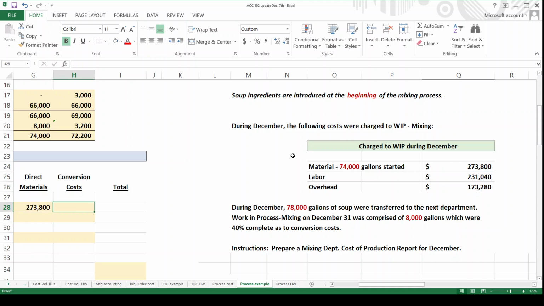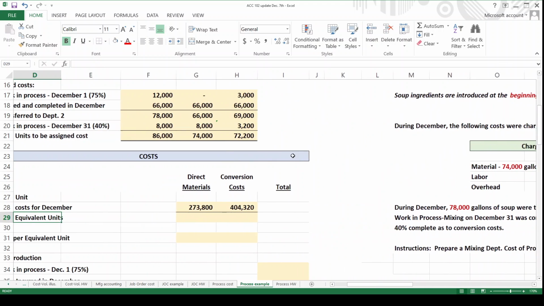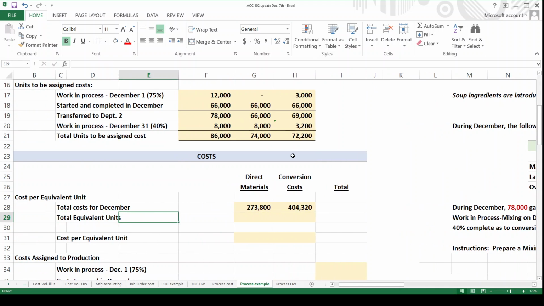What about conversion cost? That's the other two numbers over here, added during December. So I'll add those two together. And then I'm going to divide by the equivalent units.